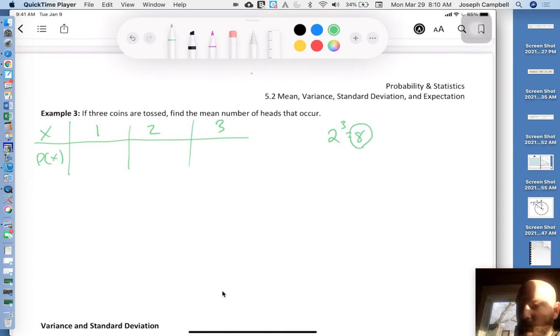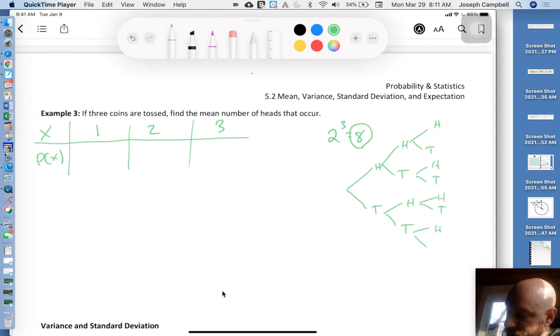How many of them have 1 head? How many of them have 2? How many of them have 3? So if you don't remember this, you're going to have to maybe create your probability tree, right? Okay, so now we have one way of getting 3 heads, that's 1 out of 8.